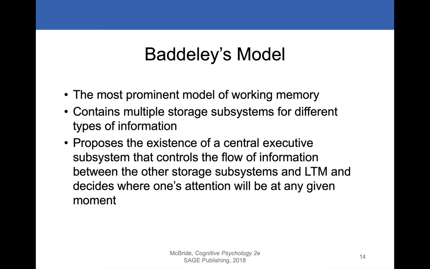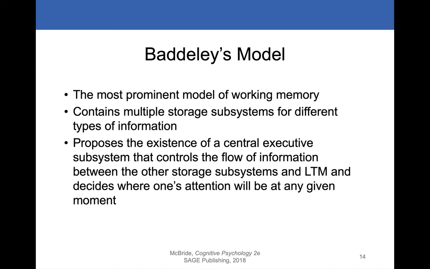One of the more important models of working memory is the model of Baddeley. That's how I say his name. I don't know if that's correct pronunciation or not, but Baddeley's model. Baddeley's model contains multiple storage subsystems. So he's kind of taken working memory and identified different types of working memory.